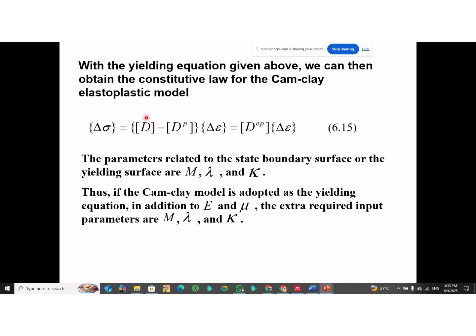D is the deformation parameters such as E and mu, and so for the Chemclay model, they need the E, the mu, and the additional extra input parameters, which are M, lambda, and kappa, which you should now be confident where they come from.